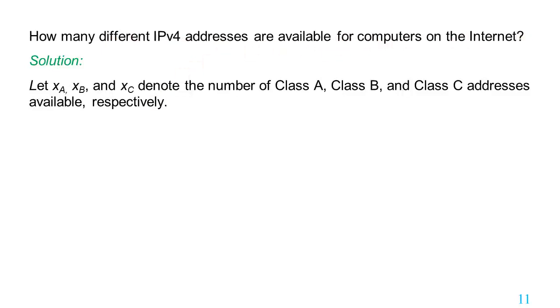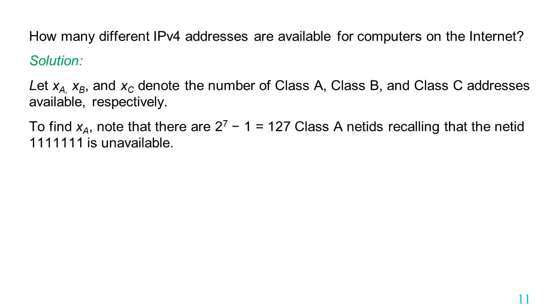Solution: let XA, XB and XC denote the number of class A, class B and class C addresses available. To find XA, note that 7 bits are allocated to the network ID, so there will be 2 to the power 7 minus 1 class A network IDs, that is 127.